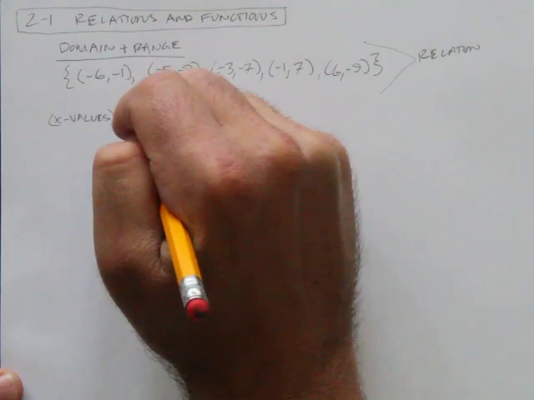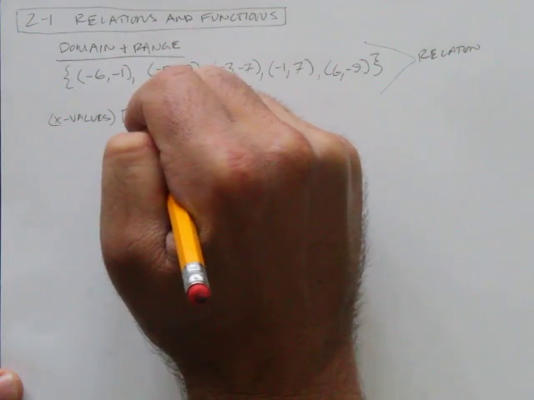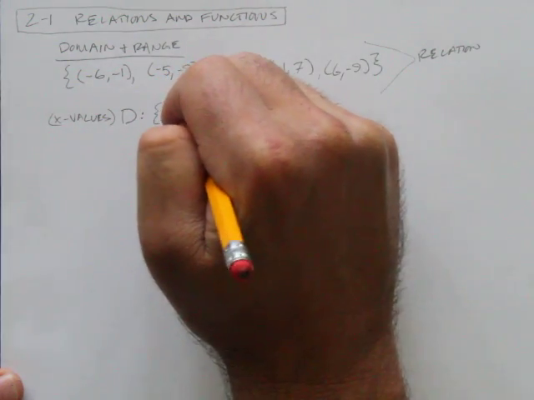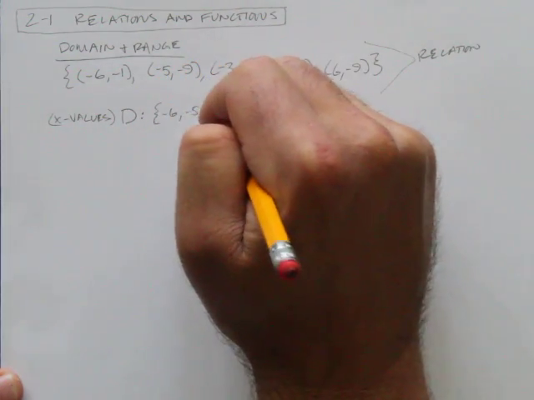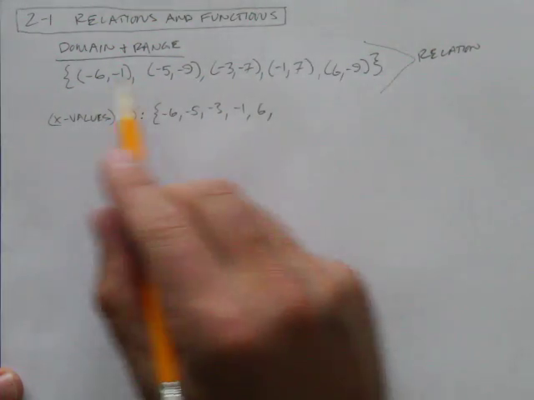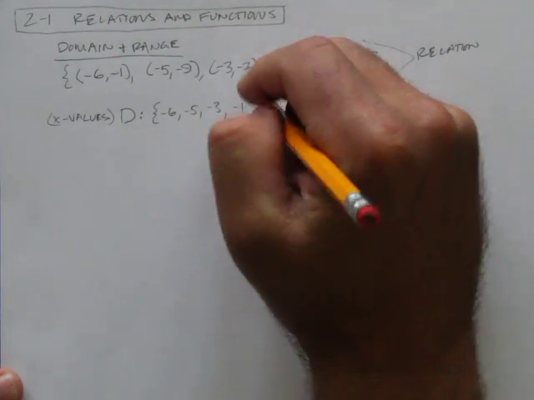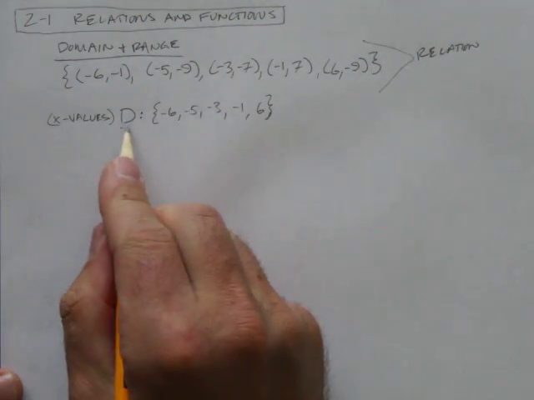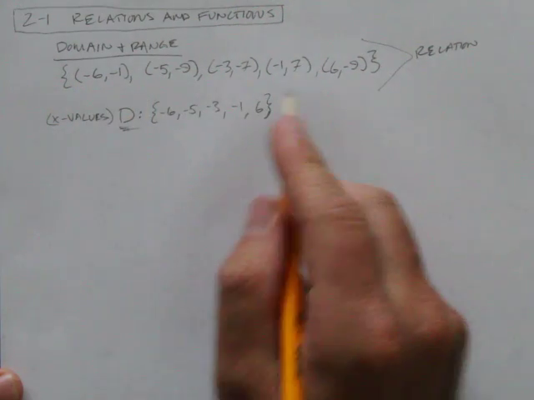The domain, I'm just looking at the x values here: -6, -5, -3, -1, 6. Oh, that's it. Okay, that's it. So there's my domain. My domain are the x values.